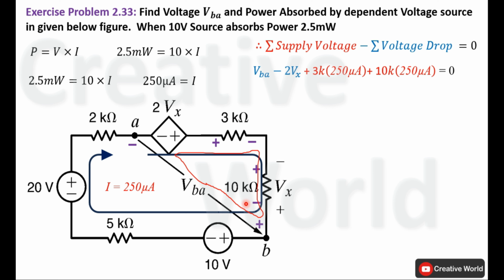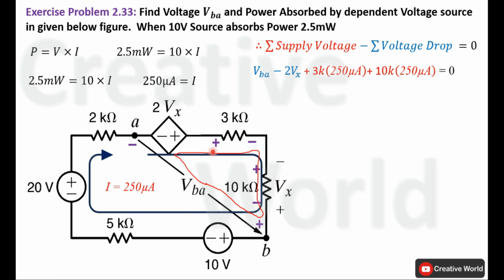Here I would like to mention that the direction of current we already have calculated is clockwise. So the current entering terminal at this point is positive, and VBA will be taken with positive sign. Move to the next element. Current entering terminal is negative, so the voltage of this dependent voltage source will be taken with minus sign, minus 2Vx.